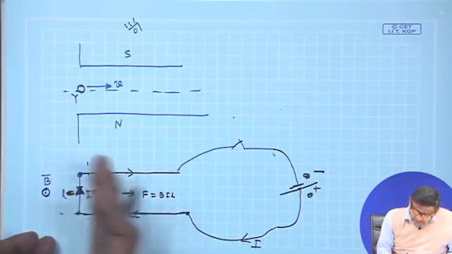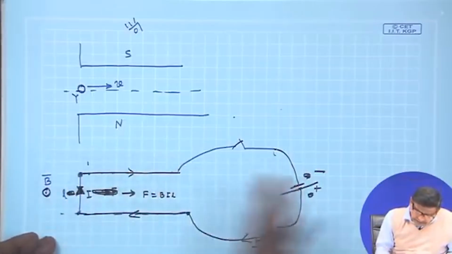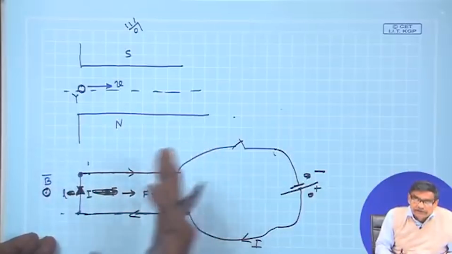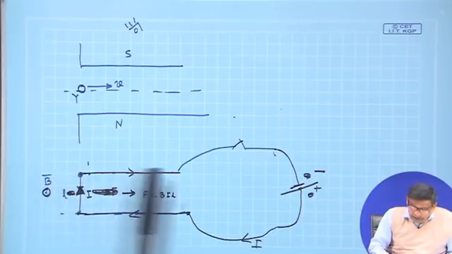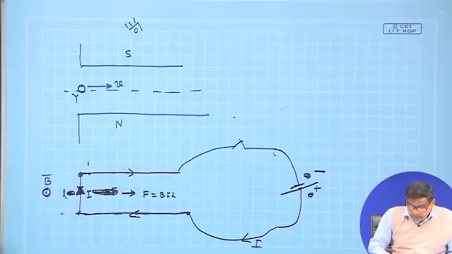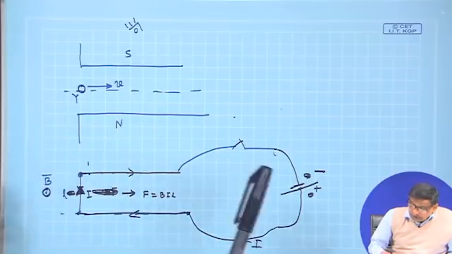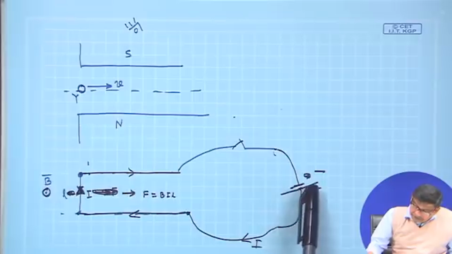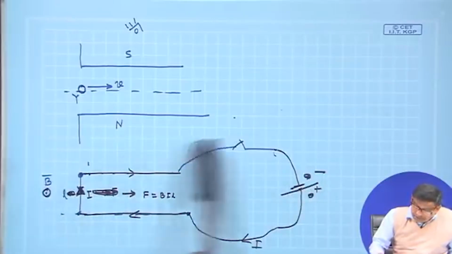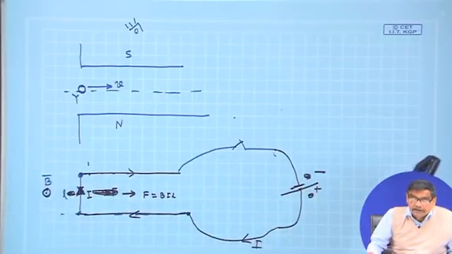So, it will go on accelerating, velocity will change, but anyway it will move with a velocity. But one point must be understood very clearly, if it starts moving, the magnitude of the current, I am not sure whether this E divided by total R of the circuit will be the magnitude of the current.